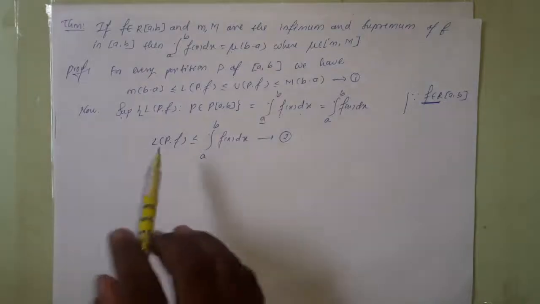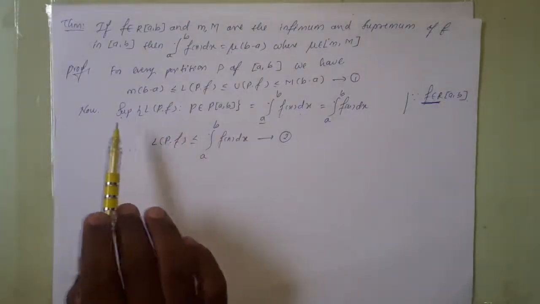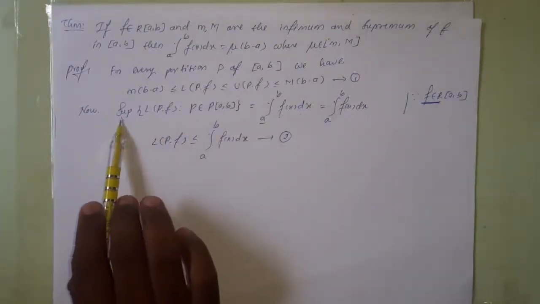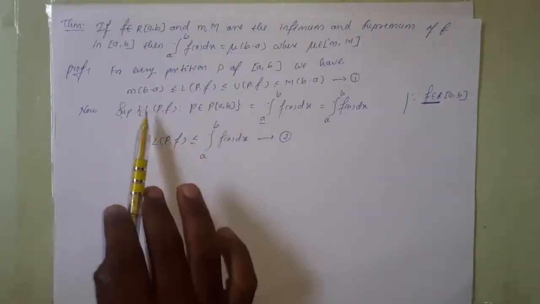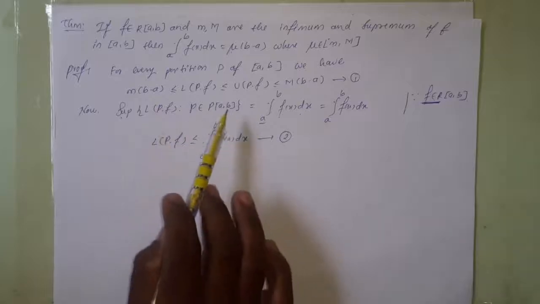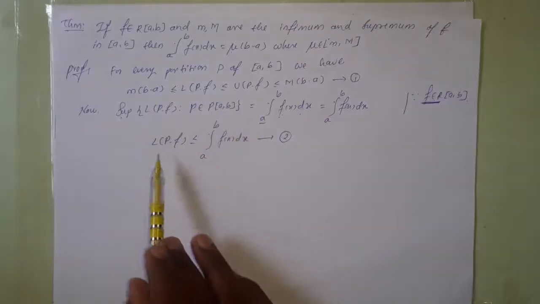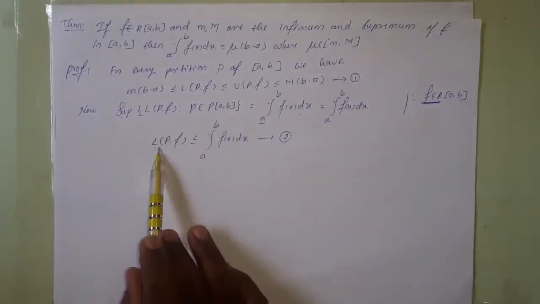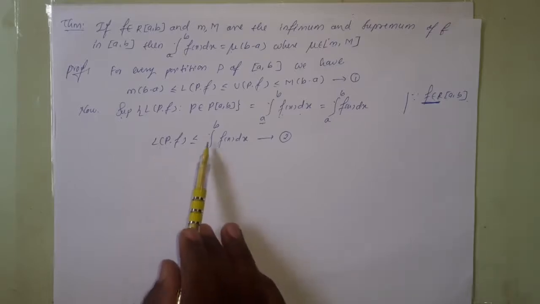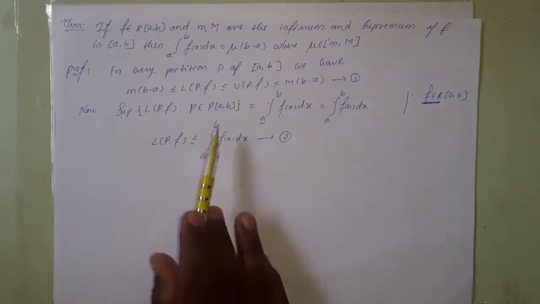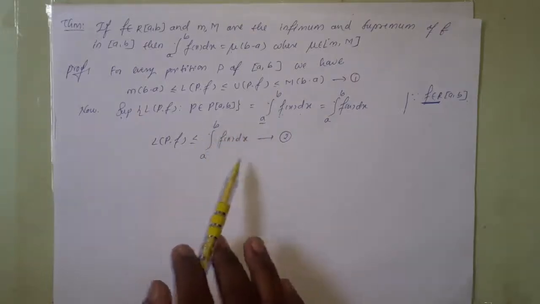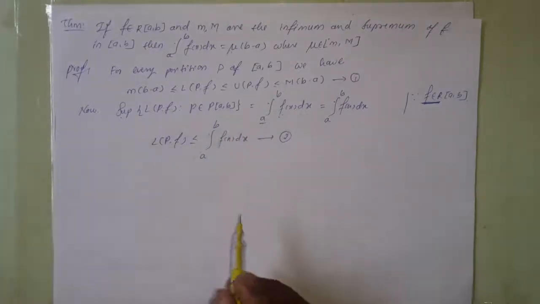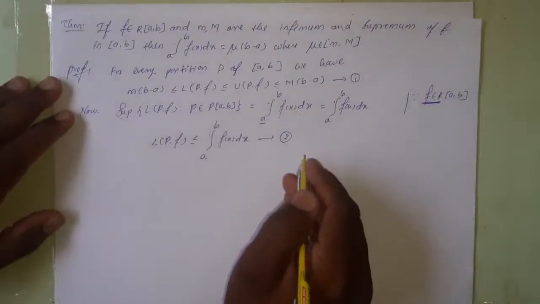This set is nothing but the set of all the lower sums, so each lower sum must be less than or equal to the integral, because this is the supremum of L(P,f).